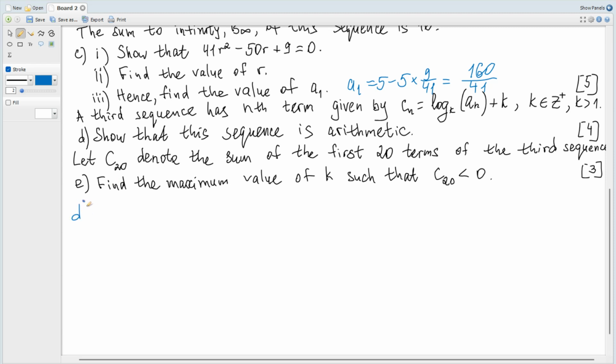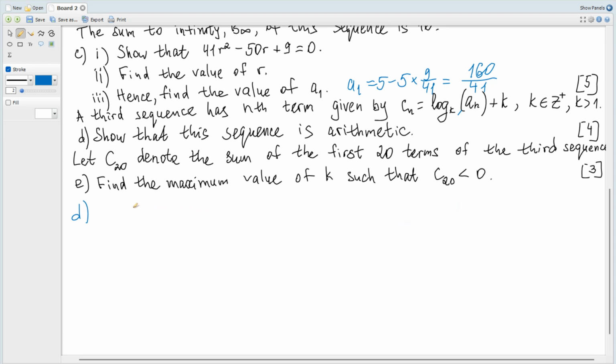Question D shows that the sequence is arithmetic. So what is an? It's the general term, and we know that un for geometric is u1 times ratio to the power of n minus 1.